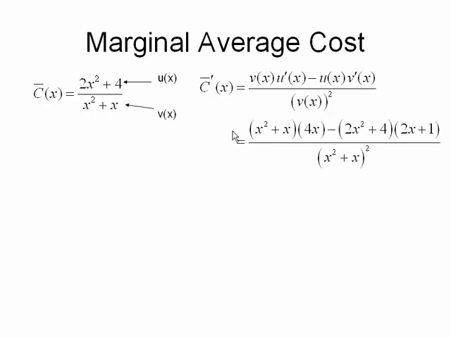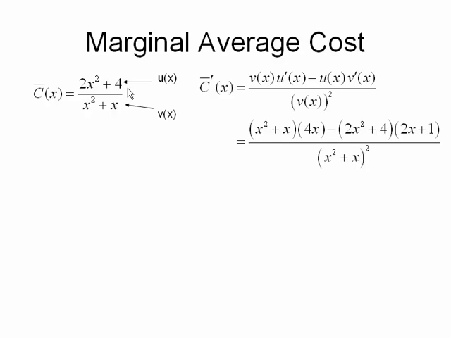Now we'll go ahead and put in our values. So the v was x squared plus x. U prime is just the derivative of the top part, and the derivative of that top part, 2x squared, will give us 4x.